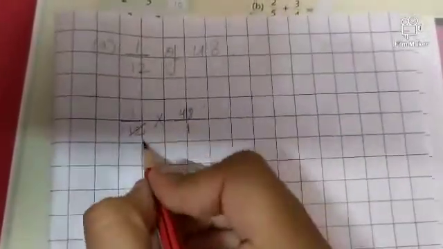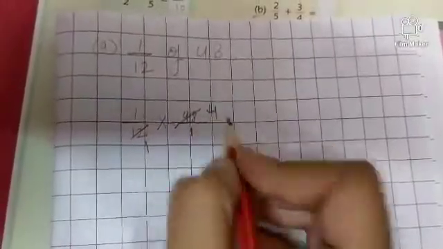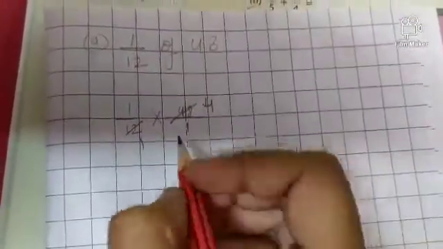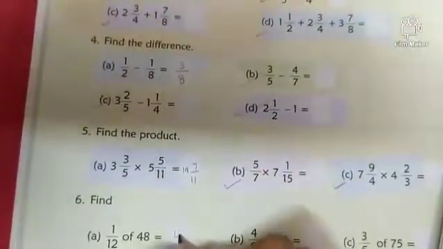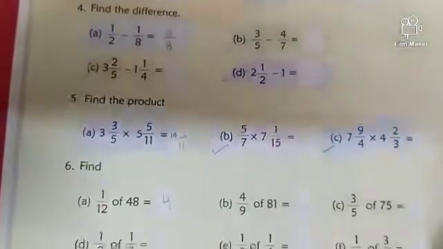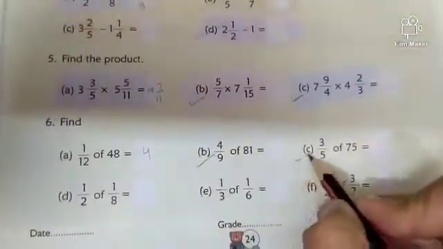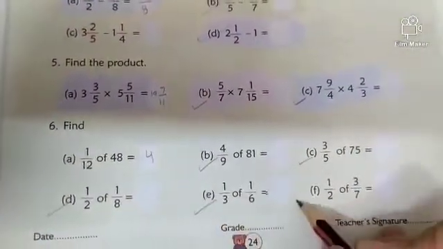Now 12 1s are 12, 12 4s are 48. So answer is 4. 4 upon 1 means 4. Now similarly you have to do part B, part C, part D, part E and part F.